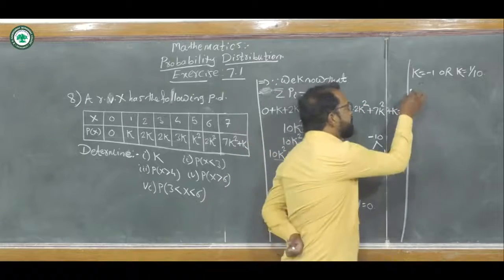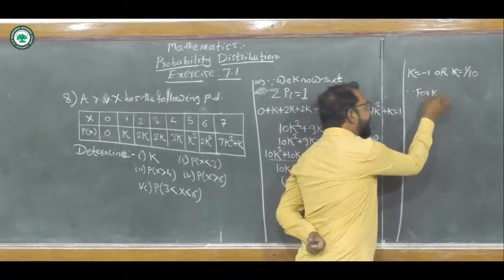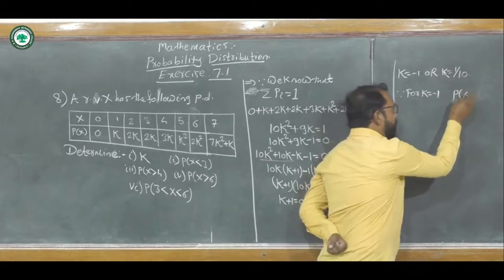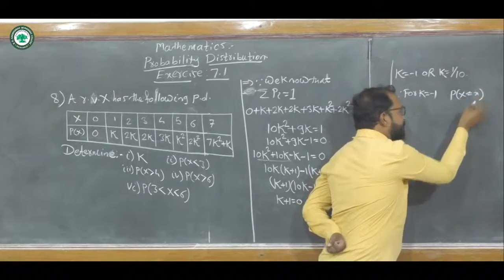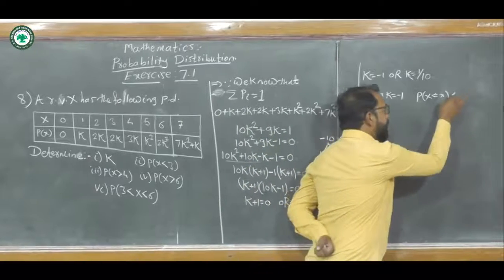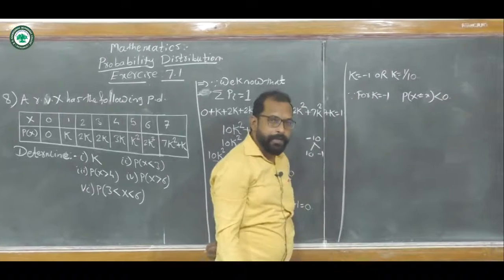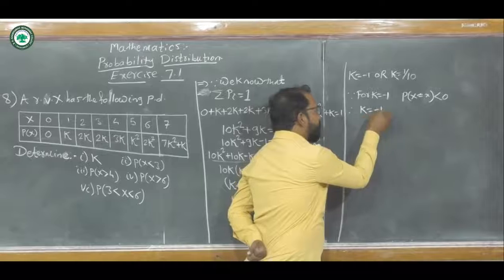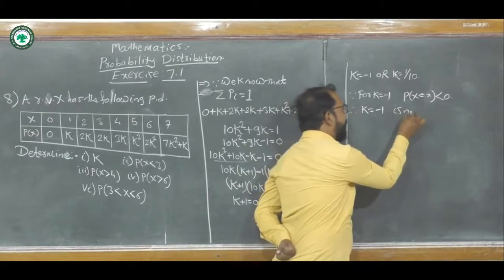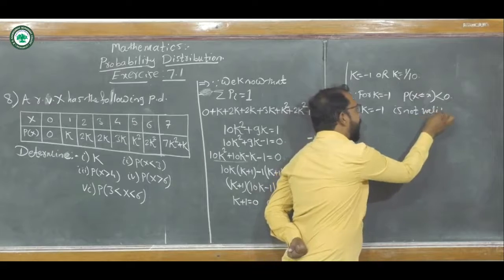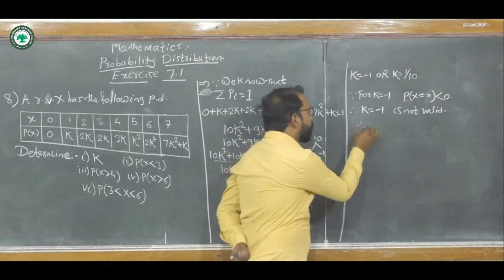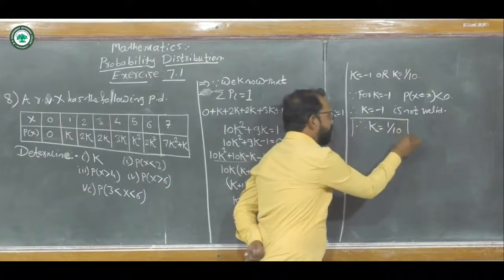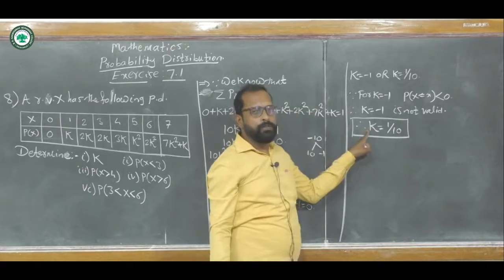So here we write, since for k equals minus 1 the probabilities of x become negative, less than 0, therefore k equals minus 1 is not a valid value, and we get the valid value k equals 1 upon 10.